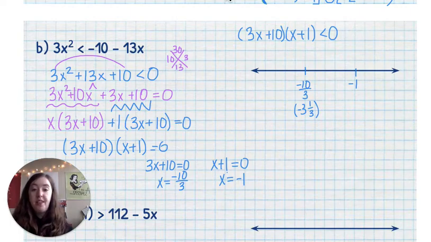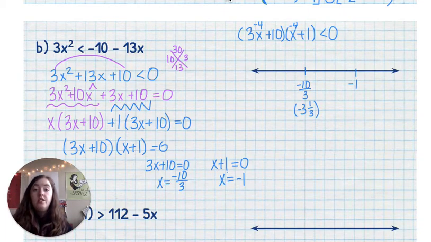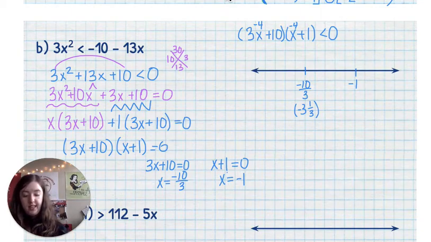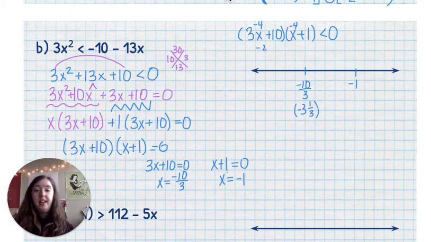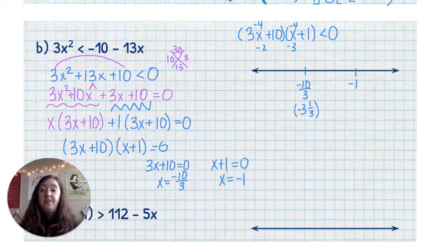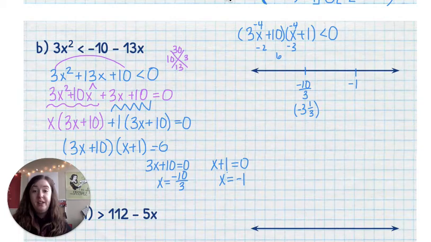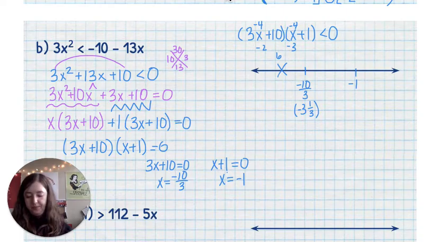So if we plug in something like -4, 3 times -4 is -12, plus 10 is -2. -4 plus 1 is -3. -2 times -3 is +6. Is that greater than or equal to 0? No, it's not. So that's not going to be part of my solution.